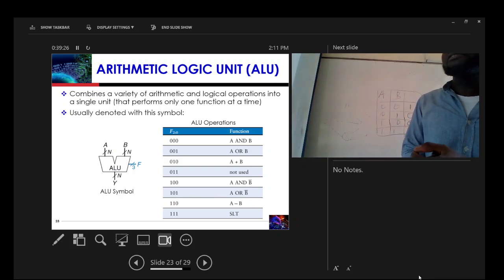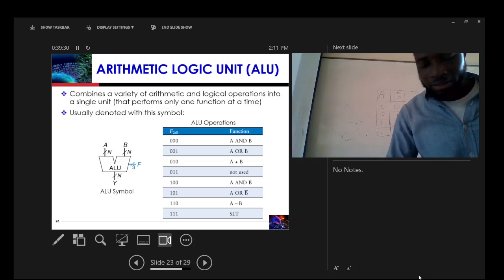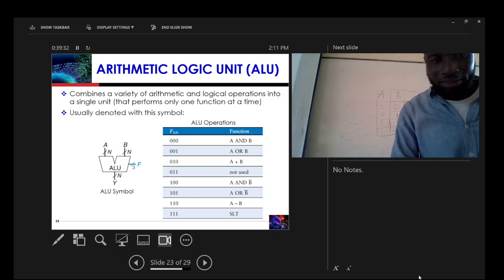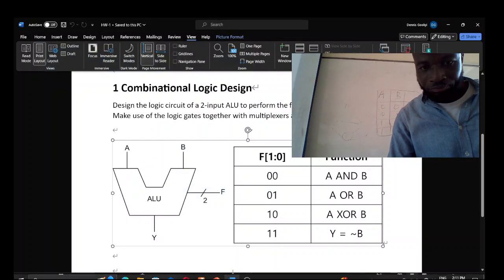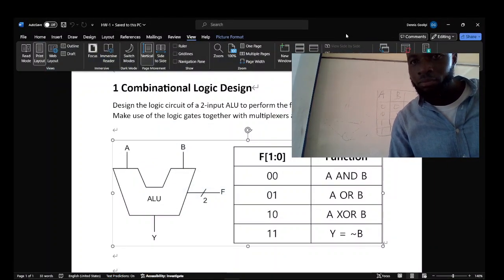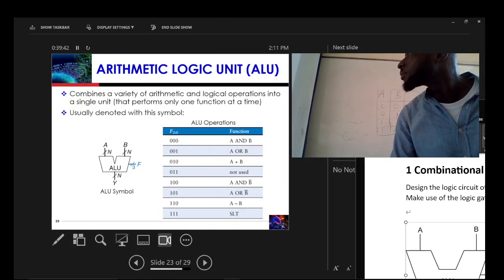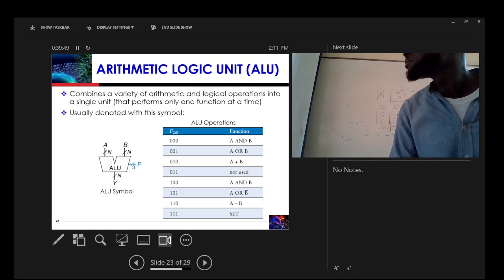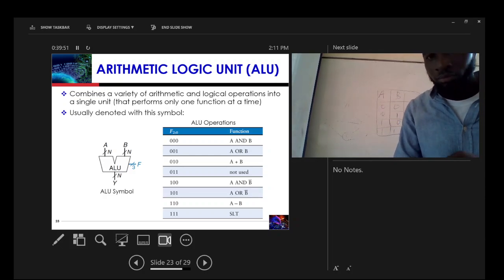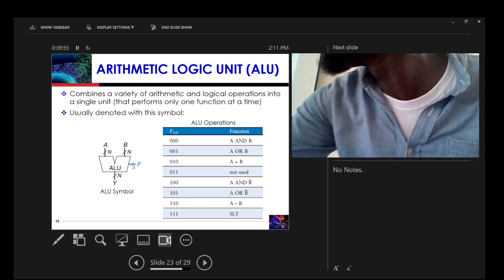Now, what did I give you? One was NAND. It was something like this.